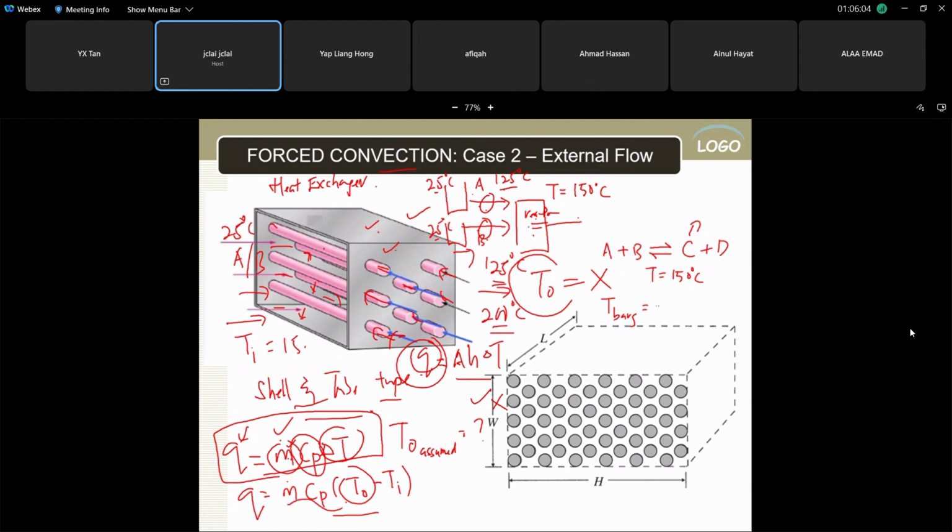Under this concept, we use this formula to verify whether the T out we first assumed is correct.